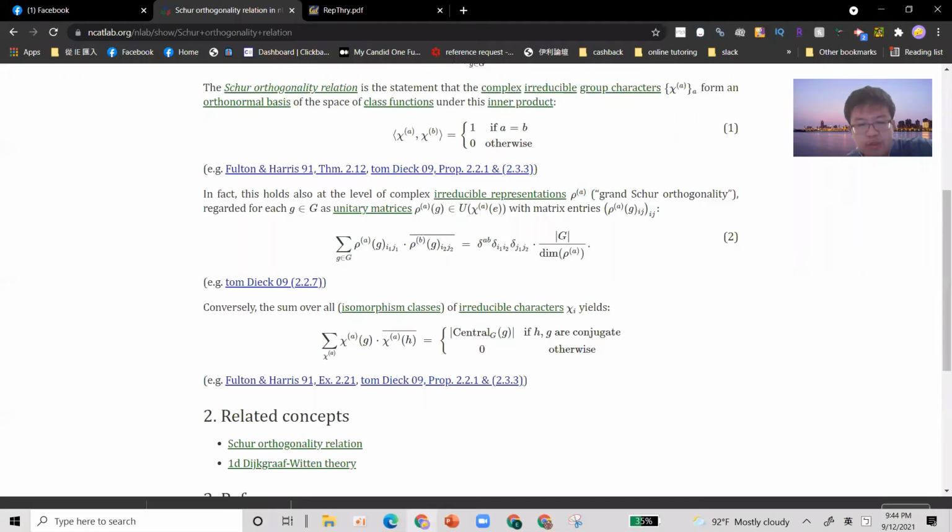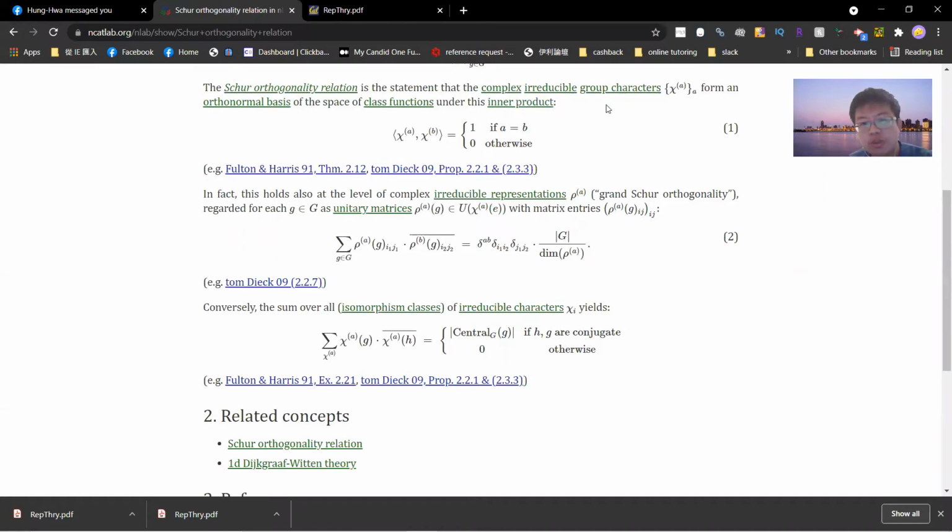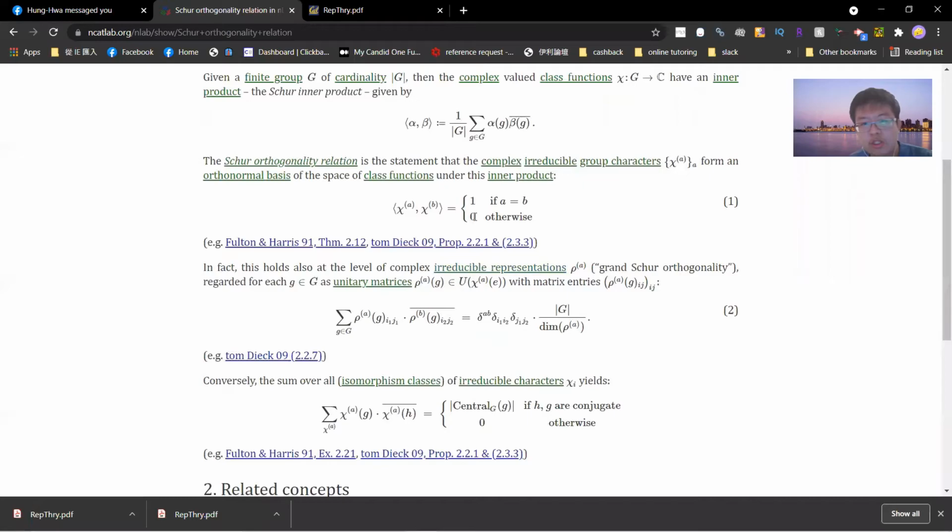So, theorem. This is how we prove another relation: if two complex representations are irreducible, if they are the same, the inner product will be 1, otherwise it will be 0. So this is the translation from the Schur orthogonality, or matrix element orthogonality, to the orthogonality of the characters.